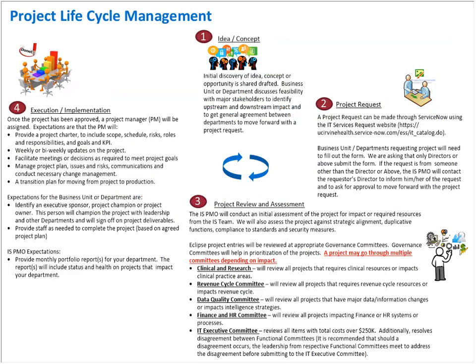How do I engage the process? There's a couple of ways you do that. You can do it directly through IT, or through the functional business or clinical committees that are set up. In our situation, we have a project request through a product called ServiceNow, and we track everything through there, and that moves through the process.